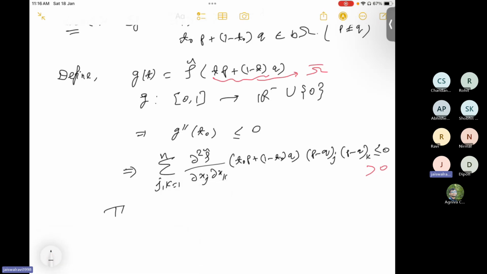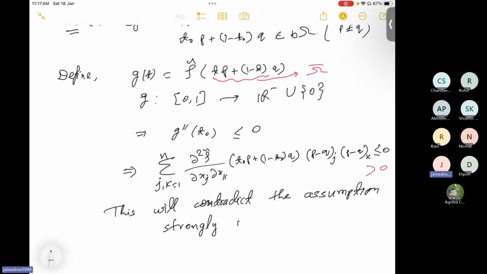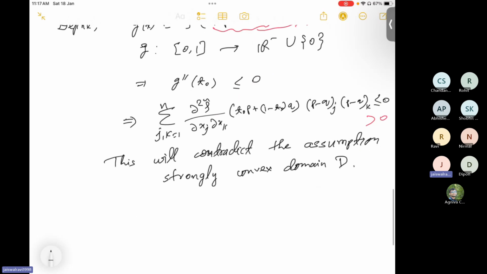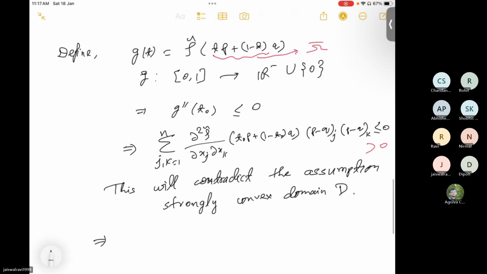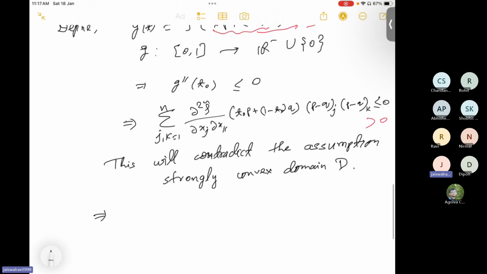This will contradict the assumption of a strongly convex domain D. So this will imply that case 1 is the only possibility.